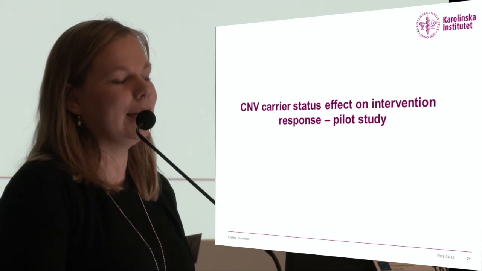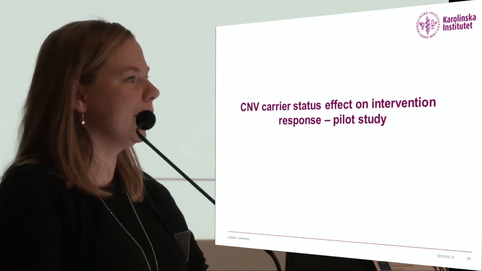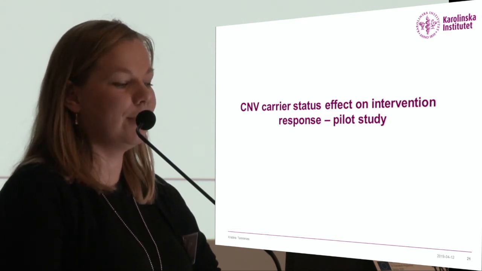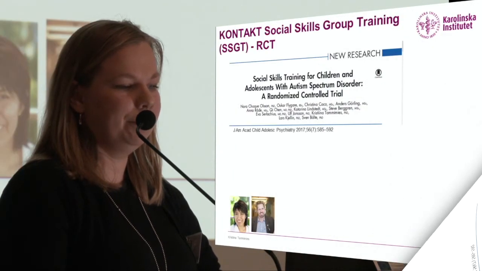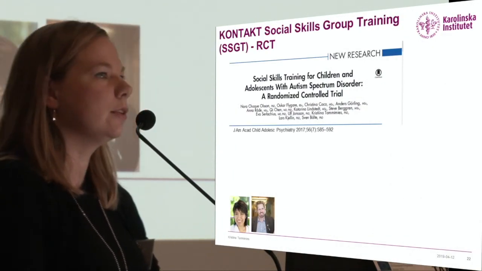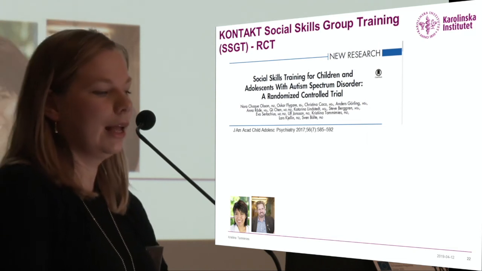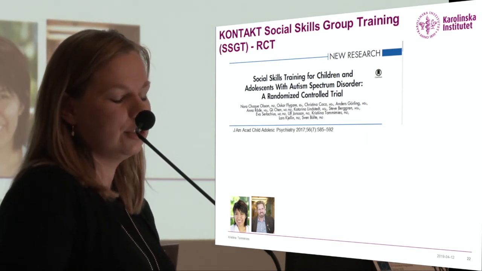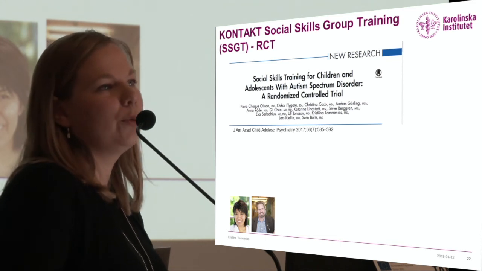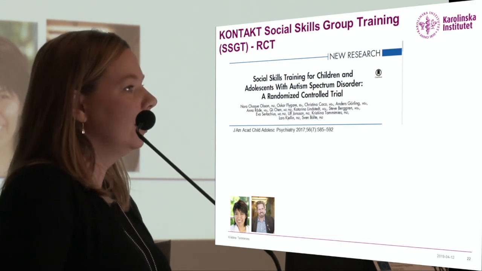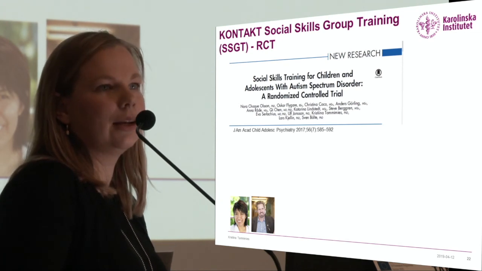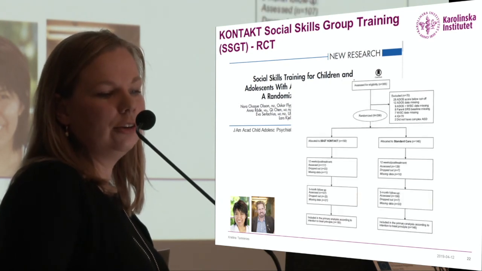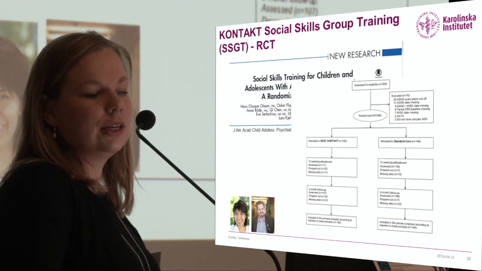Then we've been looking at whether we could pinpoint something about these CNV carriers from an intervention perspective. So I'm now working with Professor Sven Bölte at Karolinska, and also there was a PhD student who is also a clinical psychologist, Nora Choque Olsson. They were looking at social skills training in autism and doing a large randomized controlled trial with 300 individuals.